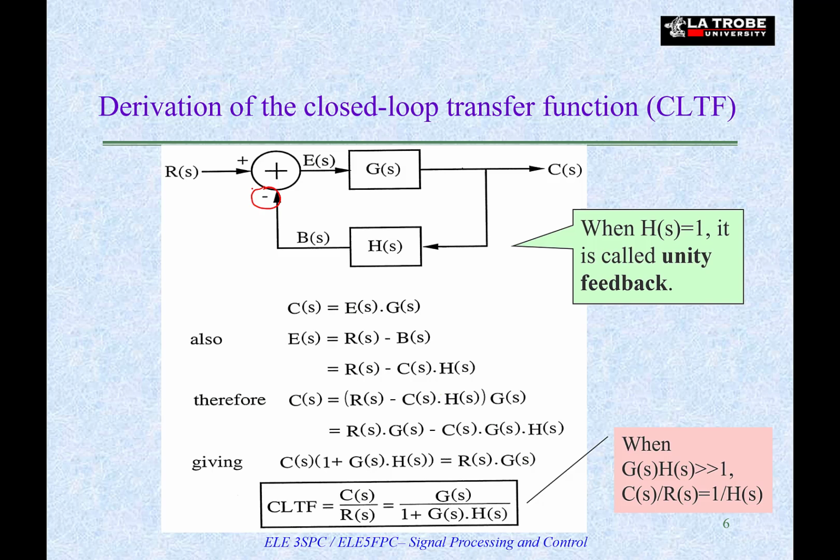So the task here is to derive the transfer function C(s) over R(s). And the system is depicted by a block diagram. How do we do this? We know that C(s) is equal to G(s) multiplied by E(s). We just follow the signal flows in the system.